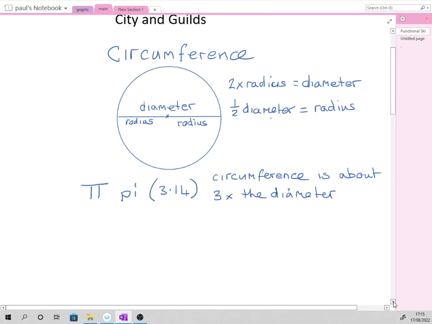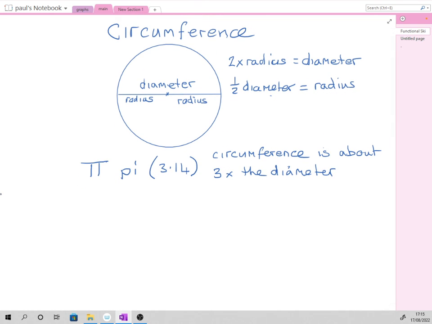So we need now to have a formula to help us calculate the circumference.